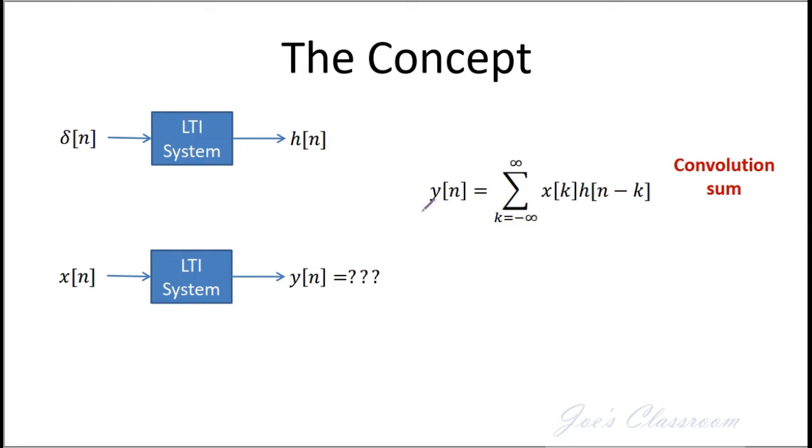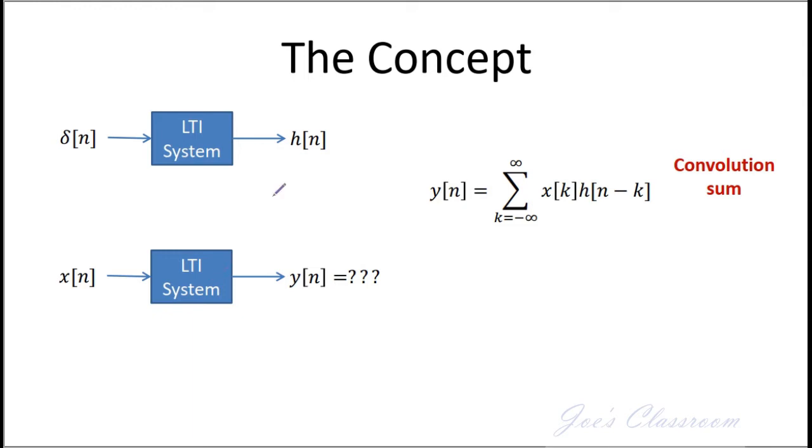This enables me to say that this LTI system is completely described by this h of n, because if I know this h of n, that is the unit impulse response of the system, then I can find out the output of the system for any arbitrary input. I need not know anything else.